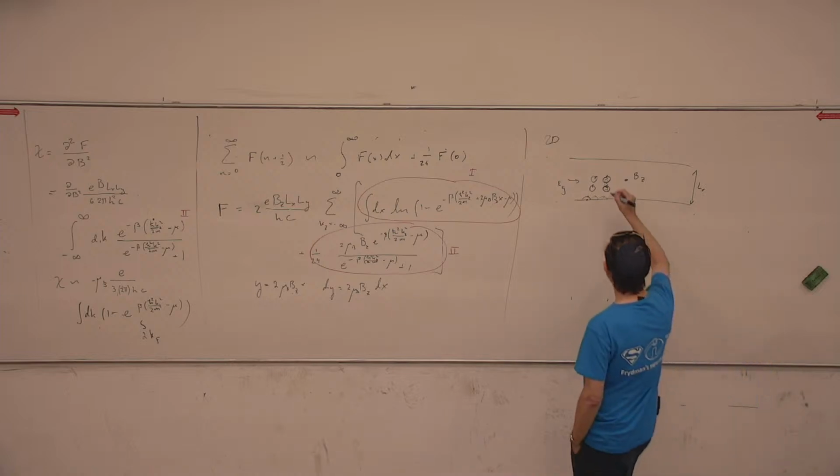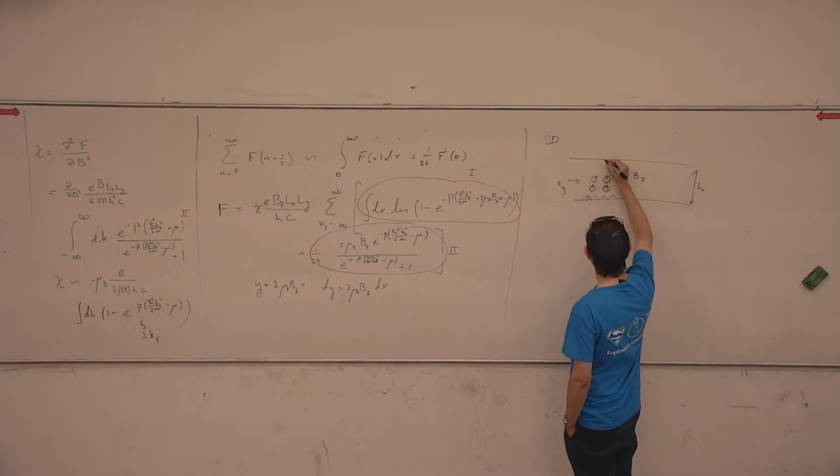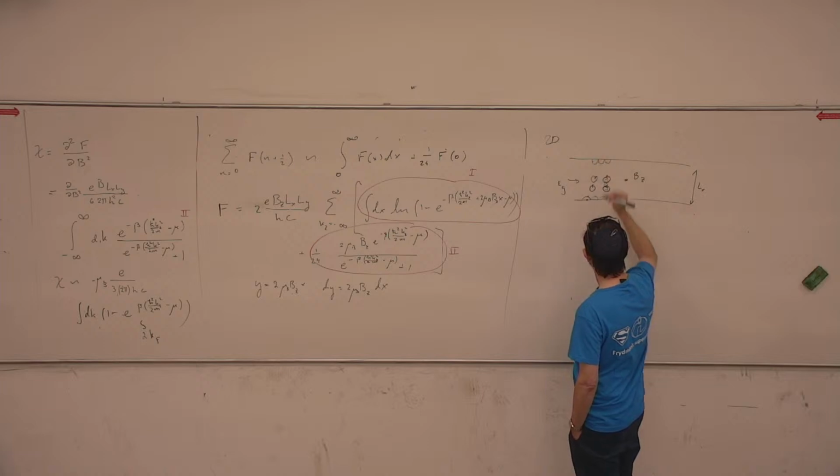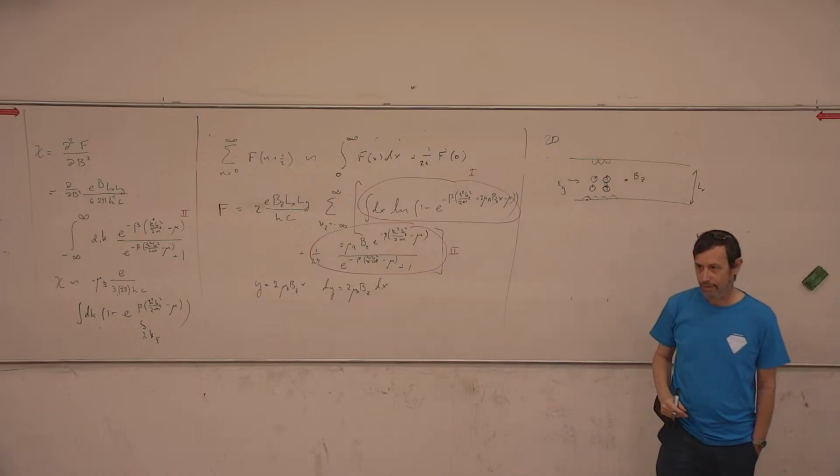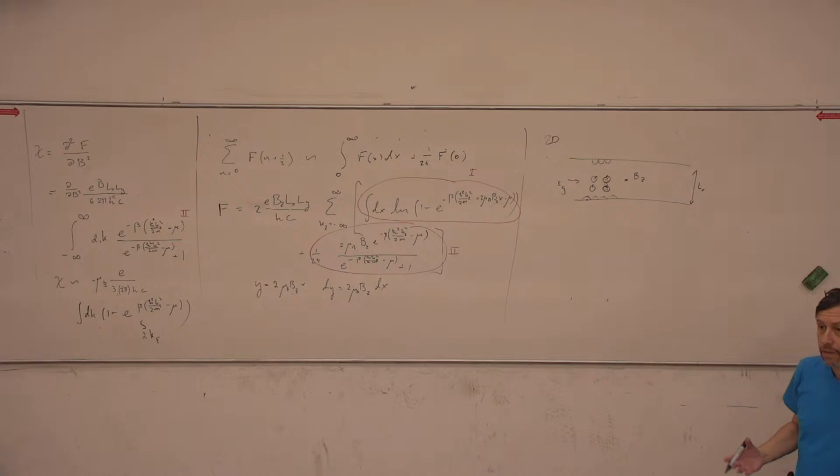And if I do the same thing on the upper boundary, I can have a net current because I have a magnetic field.